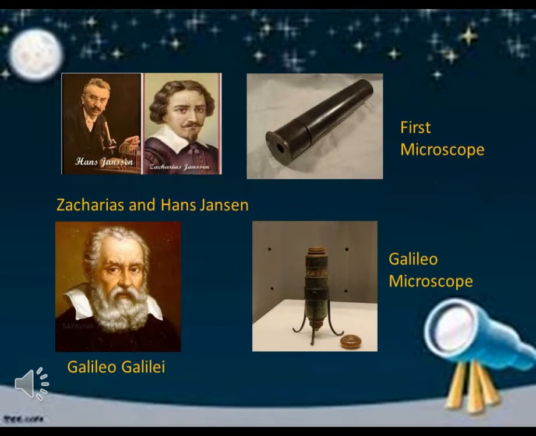The rest of the slides show the scientists and their contributions to the development of the microscope, in which you could observe their different images. Here, you can see the father and son duo, Zacharias and Hans Janssen, with their first microscope, and below is Galileo Galilei, who perfected the principle of the microscope.